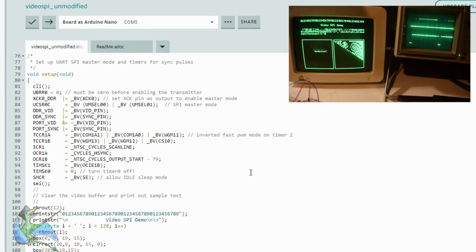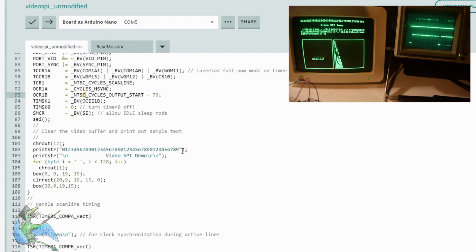They have a few hardware timers, and one of the hardware timers is programmed for this cycle. So in the setup area here, these confusing lines about TCCR, TIMSK, this is all timer related.